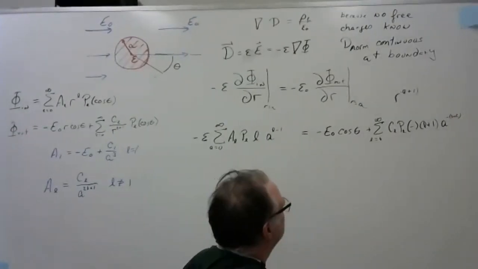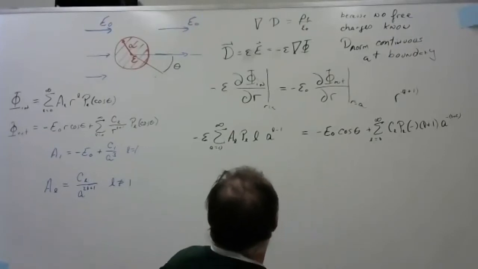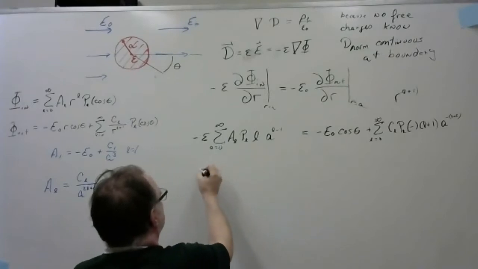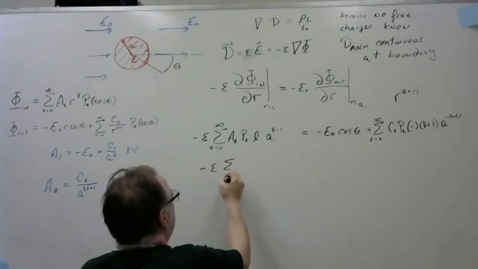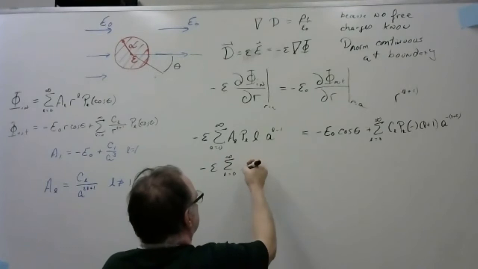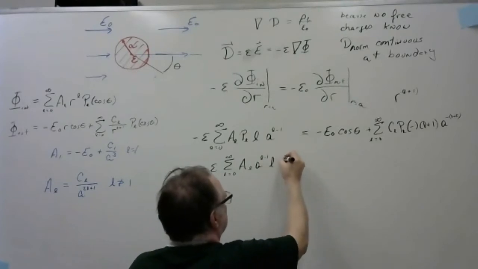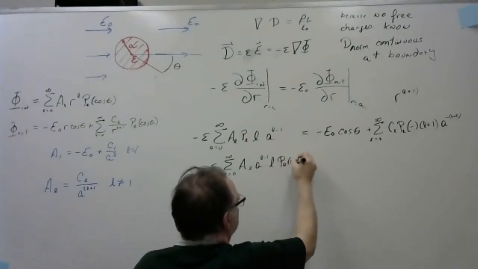Okay. All right, let me clean up a little bit. All right, so minus E sum L equals 0 to infinity. So what I get is AL, A to the L minus 1 times L times PL cosine theta.